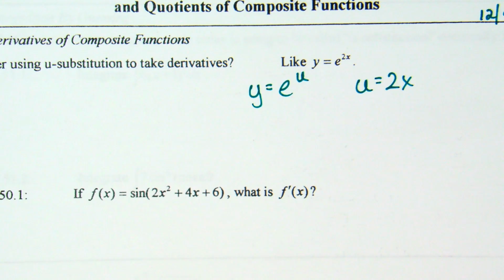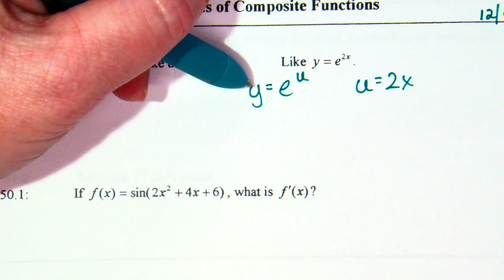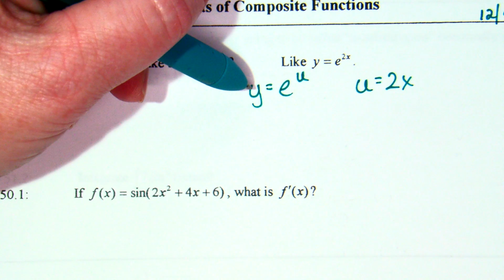Now, we can take our derivatives using differentials. So we've done stuff like this before. I am going to use the differentials instead of like the dy over du. Just when I say differentials, derivative of y term, I tack on a dy. Derivative of u term, I tack on a du. Same thing with x's. So here, the derivative of y equals e to the u. So derivative of y, I would represent as dy, because the derivative of y is 1, and then dy.